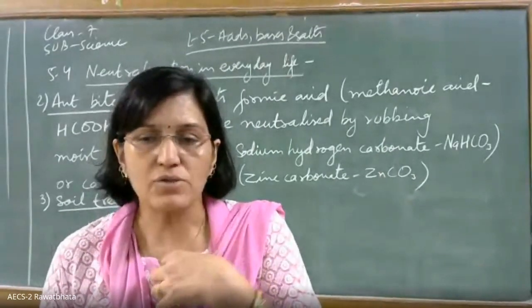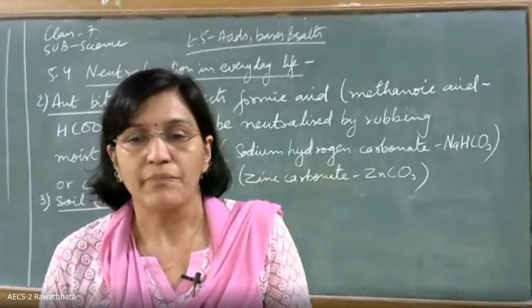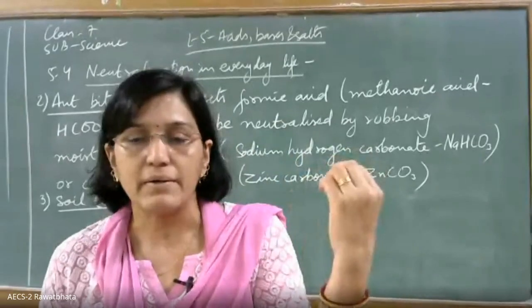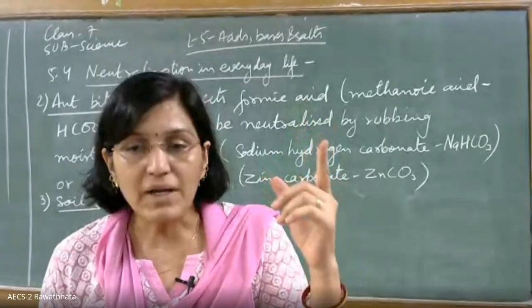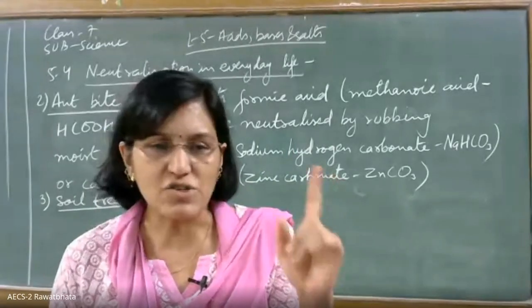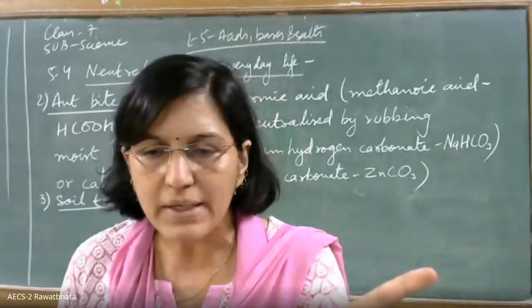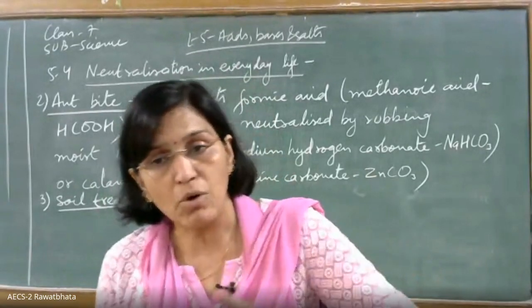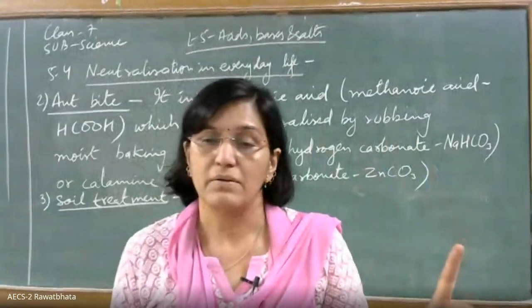Now, if my soil is deficient in potassium and the nature of my soil is becoming more and more acidic, then I should supply which fertilizer to the soil? Basic fertilizer. Neutralization, we have studied. If the soil nature is going more towards being acidic, supply basic to it. And if your soil is turning more basic, that is more salty, you will supply it with acidic.